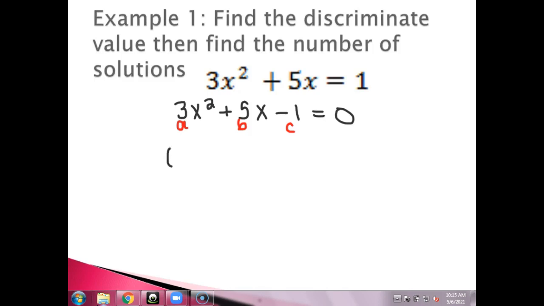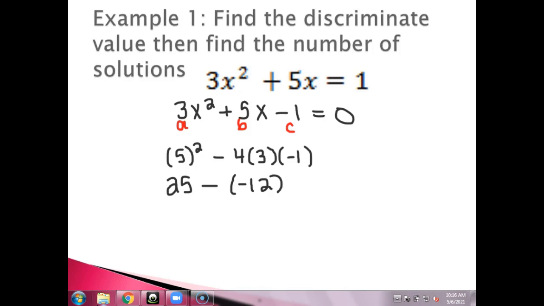So it's b squared minus 4ac. So 4 times 3 times -1 is -12.